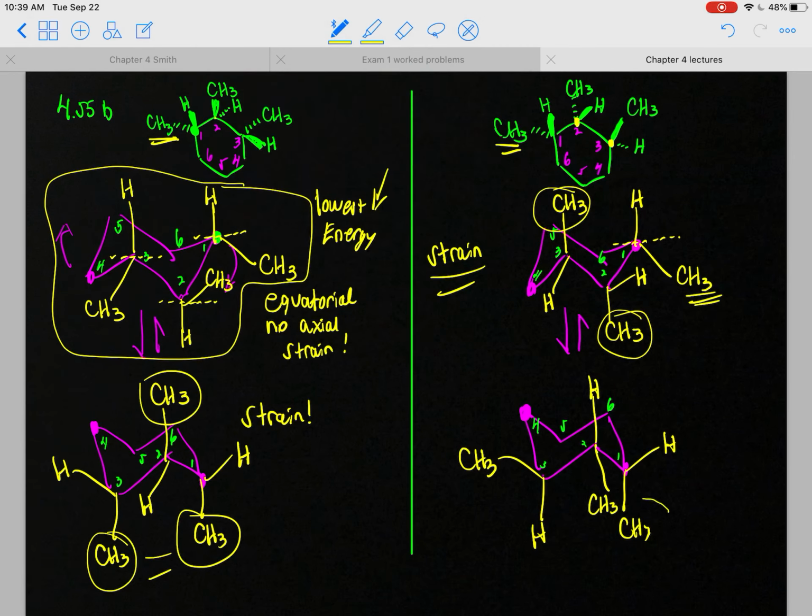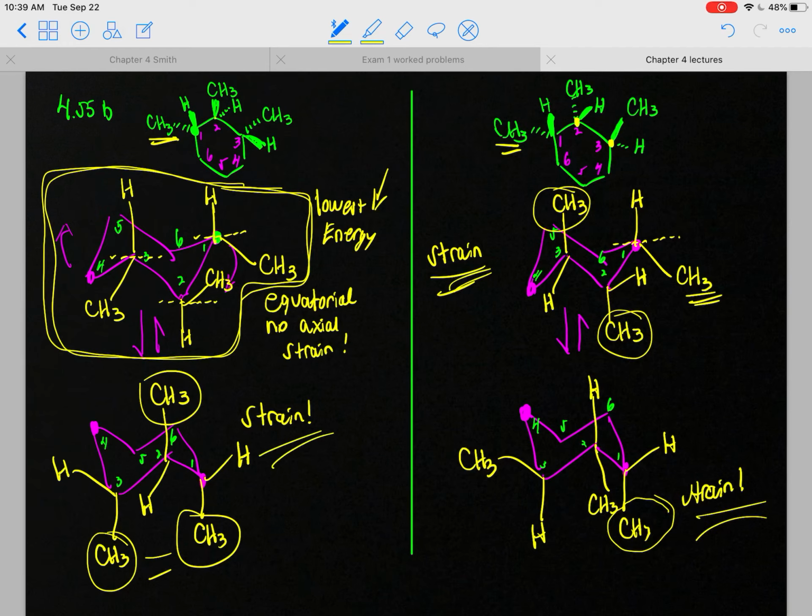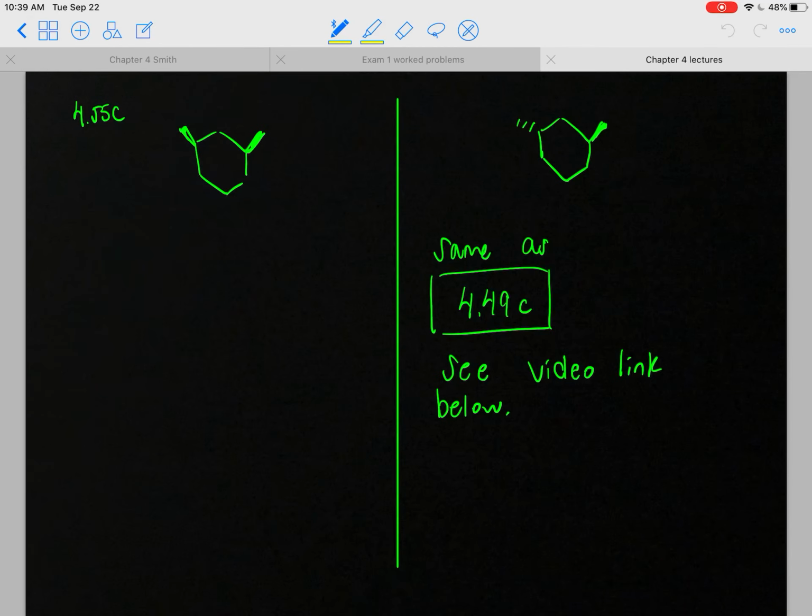So let's look at sources of strain. Axial groups have strain, right? So here's an axial group. Okay, so this has strain. So, yep, that's the answer. Sometimes it's the first molecule you look at. Sometimes you got to look at all 4 to be able to identify it, okay? So these strained ones are higher in energy. This one has no strain. It's definitely the lowest in energy, so great.